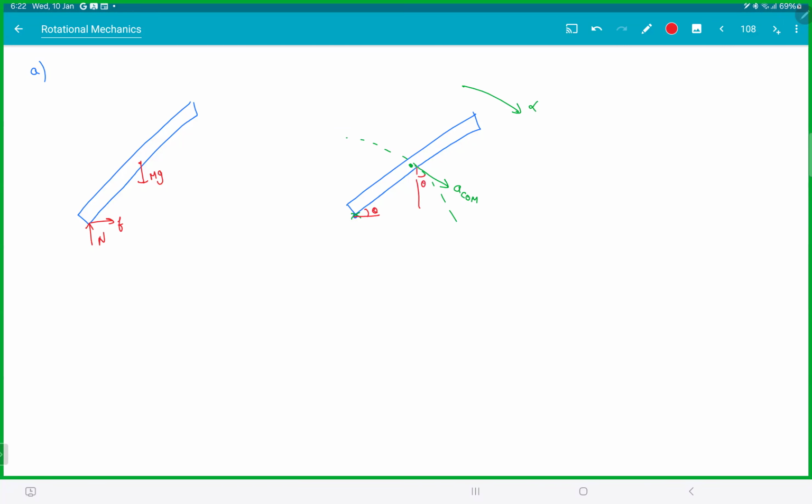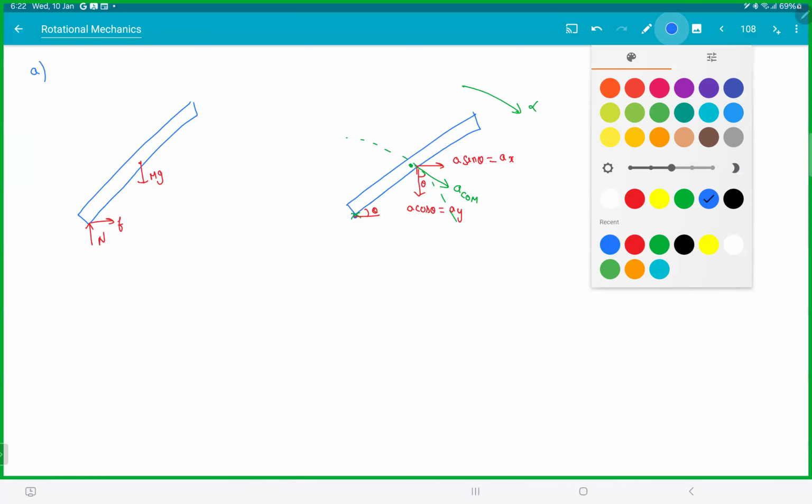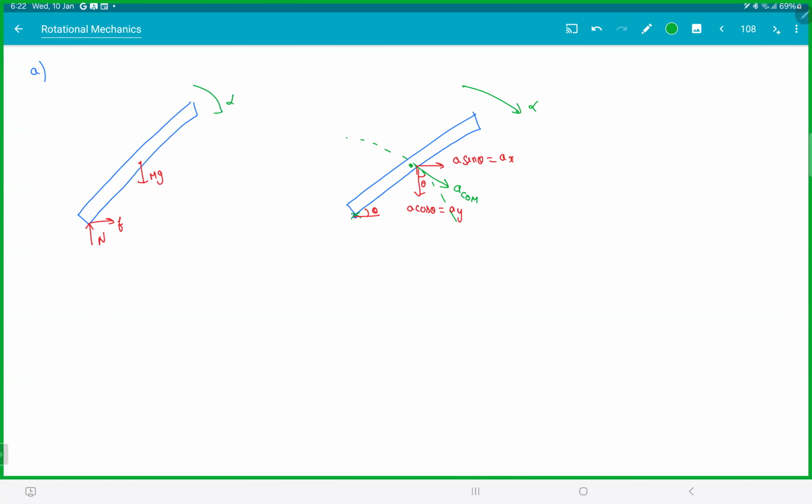So this component will be A sine theta, which is AX. This component will be A cos theta, and this is AY. This is the relation between acceleration of center of mass and alpha. There, you found the accelerations and found the relation between them. So this is alpha, and this is AX, and this is AY.